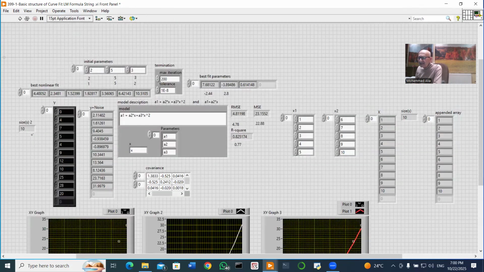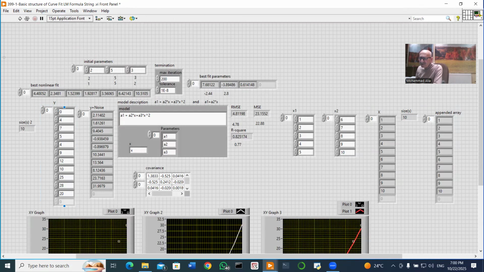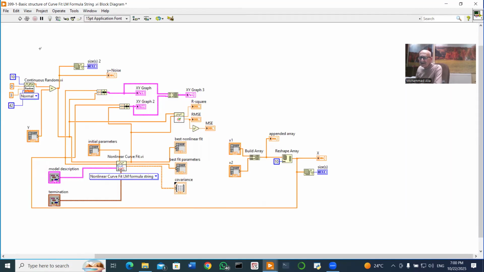I have selected synthetic values for y, any values, but not always increasing, from 4 to 7, then it comes down to 4 to 5, then comes down to 4, then increases, any random values. This is y. And to be near to real measurement in the environment, I have to add to this y a noise. This noise is added by using the continuous random VI.